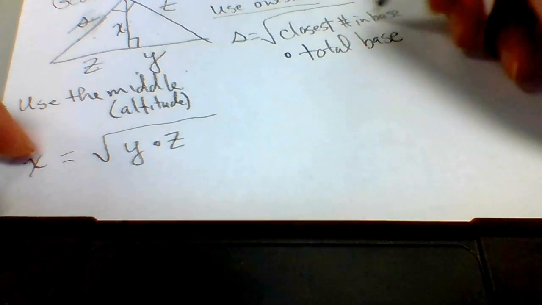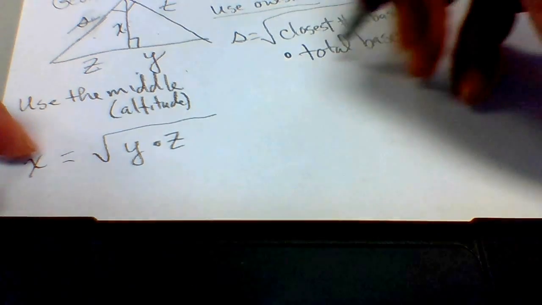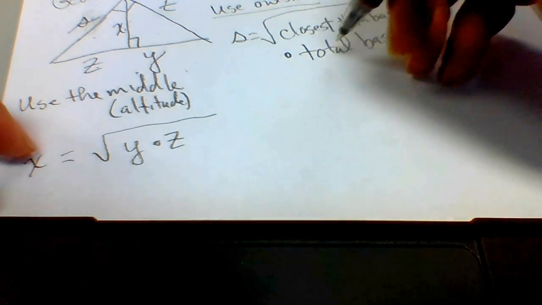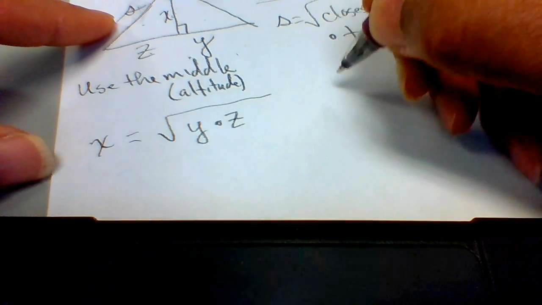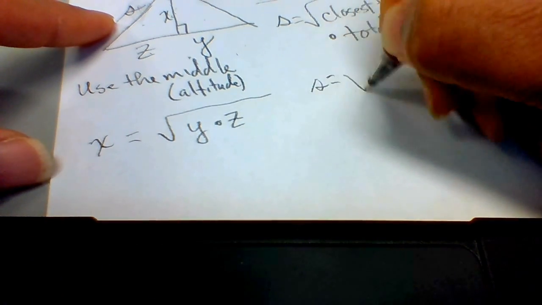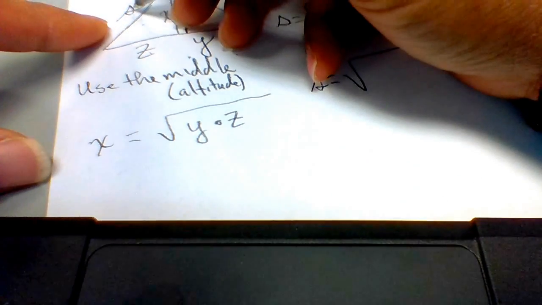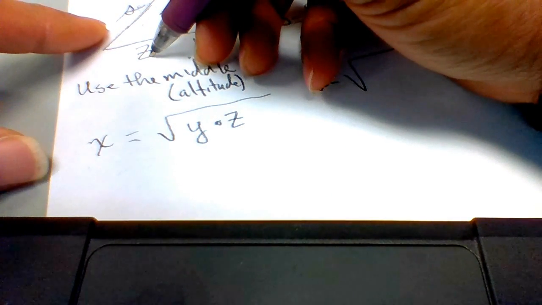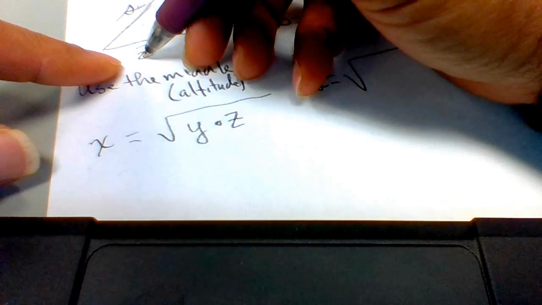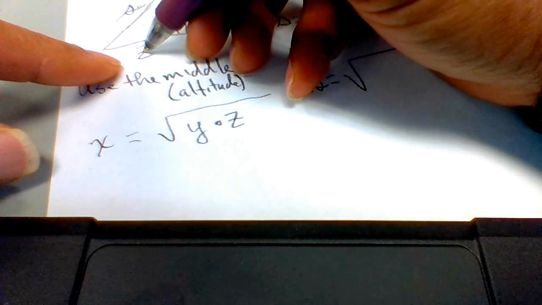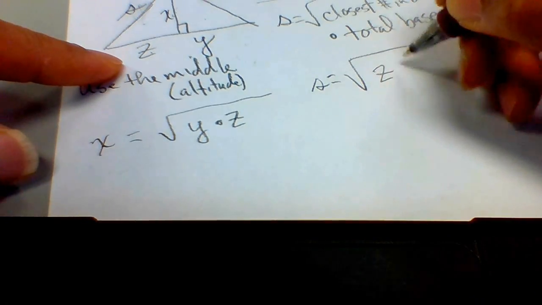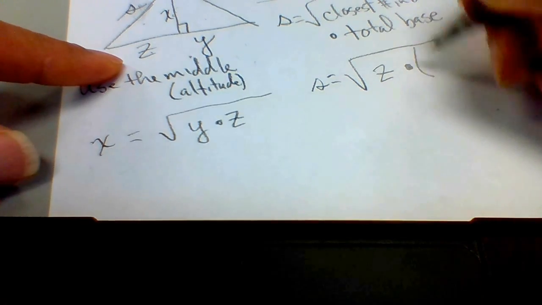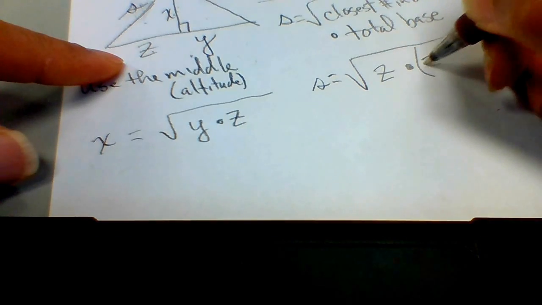So I'm going to take the closest number in the base and multiply it by that whole base, the total base. If I'm trying to find S here, the closest number in the base, or the adjacent leg, would be Z. So Z times the total base, which in this case is Z plus Y.